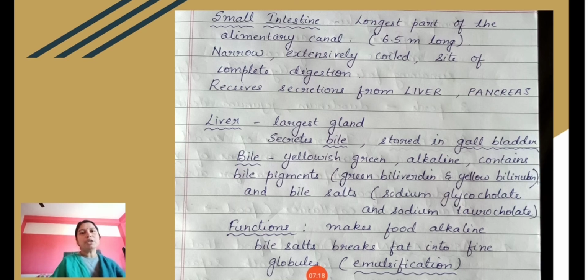Now the function of bile is to make the food alkaline so that the next enzyme can act on the food. And then the bile salts present in the bile break the fat into smaller particles or smaller globules. This process where large fat molecules are broken down into smaller globules is termed emulsification.